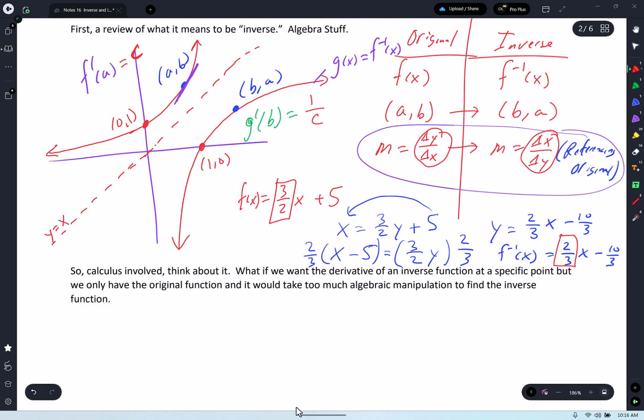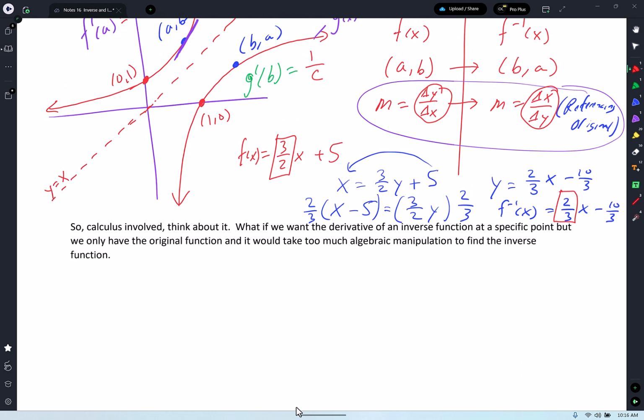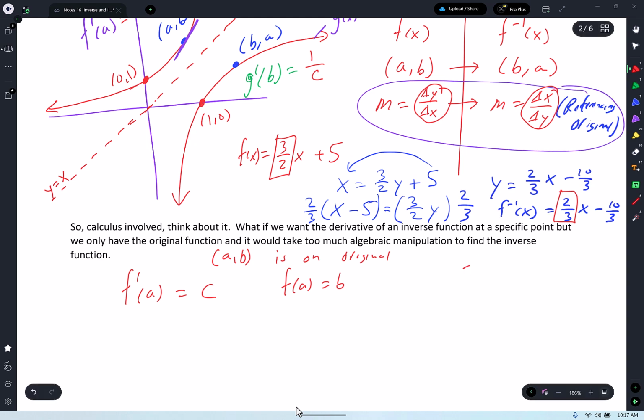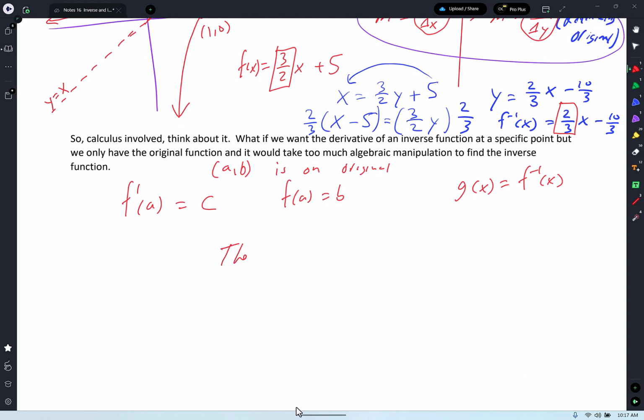So look, let's use this right here. Look what it was. If I know, I'm going to write it right here. If I know f prime of a equals c, and I know the point a comma b is on the original, so we know f of a equals b, and I'm going to use the top, that g of x is equal to the inverse of f, then we know g prime of b.